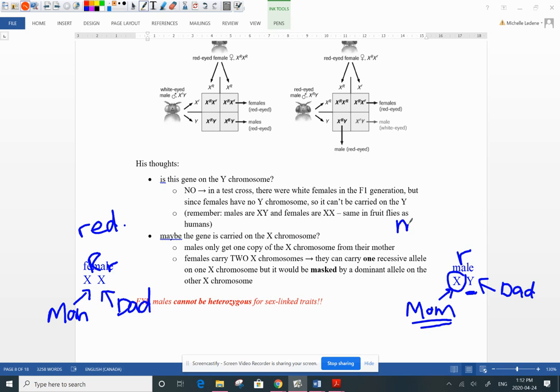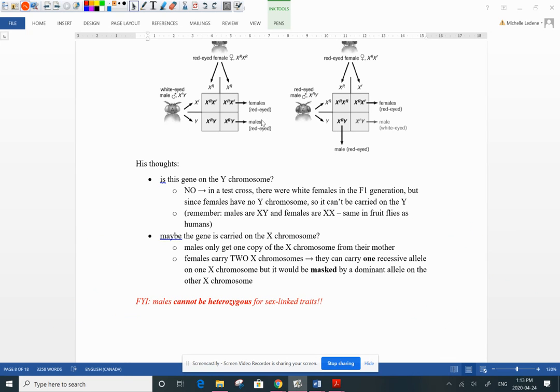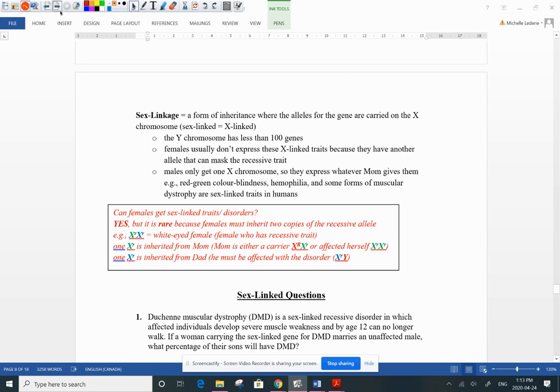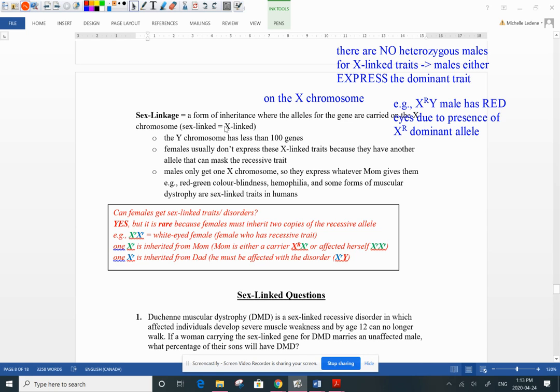So we tend to see a lot of what we call maternal inheritance here: mom passing the trait on to her male offspring because she is passing her X chromosome on to them. Dad is giving the boy his Y so that he has that sex chromosome Y.